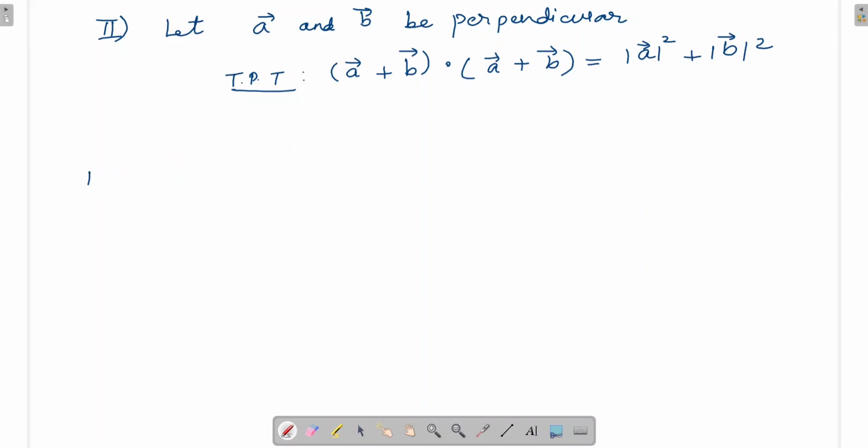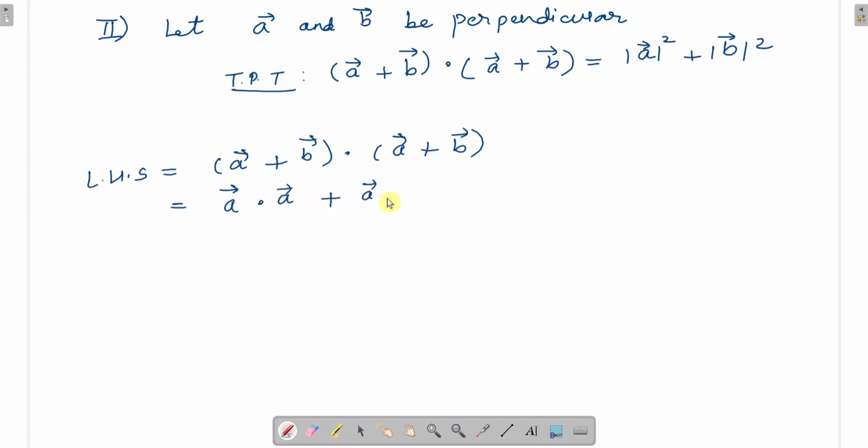So let us start with the LHS. So LHS is nothing but A bar plus B bar dot product A bar plus B bar. So let us take the dot product here. So A bar dot product A bar plus A bar dot product B bar plus B bar dot product A bar and B bar dot product B bar.